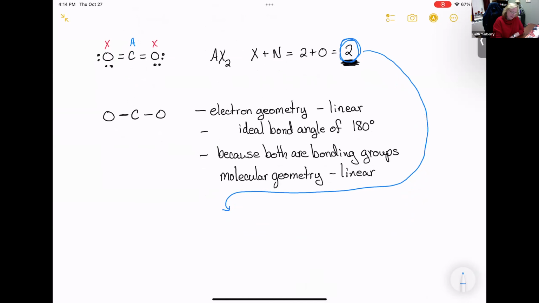That number tells you how many atomic orbitals to combine to make the hybrid orbitals.